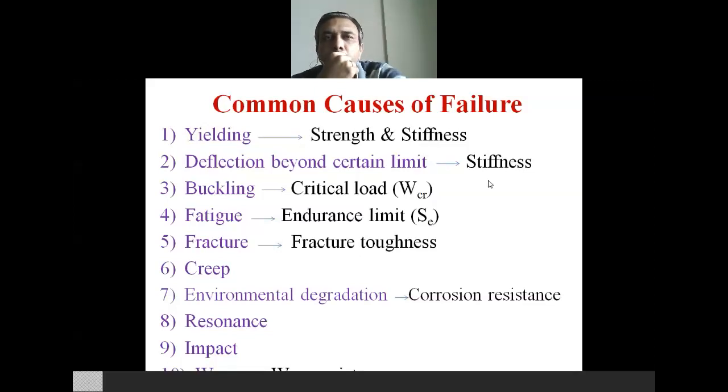That creates cyclic or repetitive stresses, which lead to the failure we call fatigue failure. A simple example: if you take a bucket full of water and try to hold it in your hand in this position, I can bear it for a particular time, and after some duration you are unable to hold that bucket, because of the repetitive cyclic load which keeps acting at your shoulder.